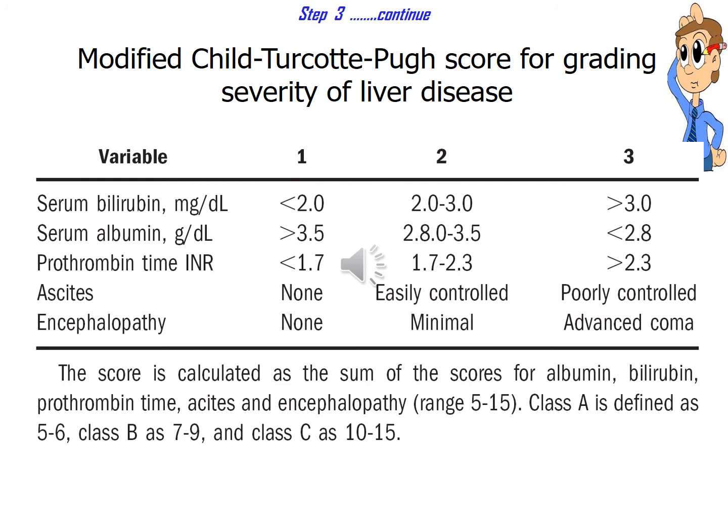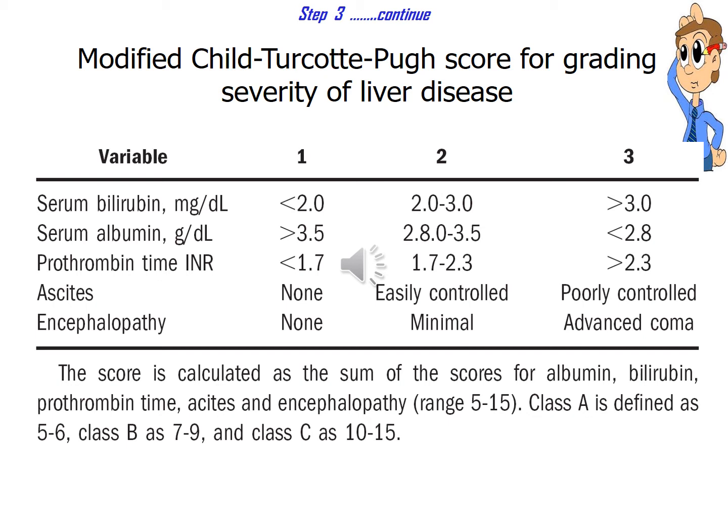This slide shows the modified Child-Turcotte-Pugh score for grading severity of liver disease. This is one of the famous and commonly used scores all over the world to express the severity of liver disease.